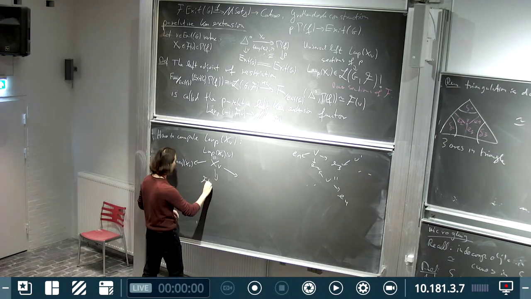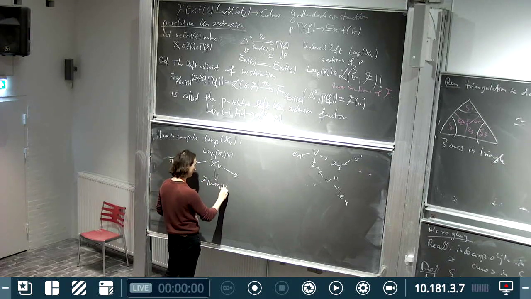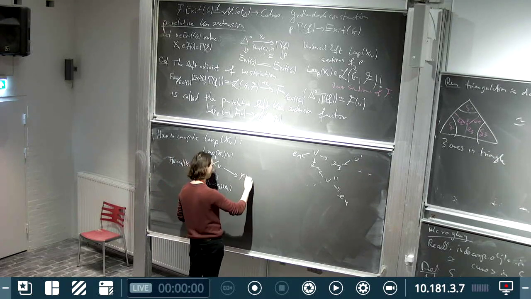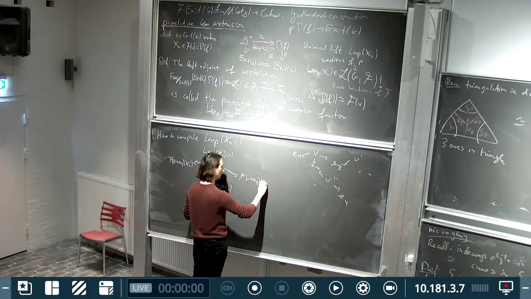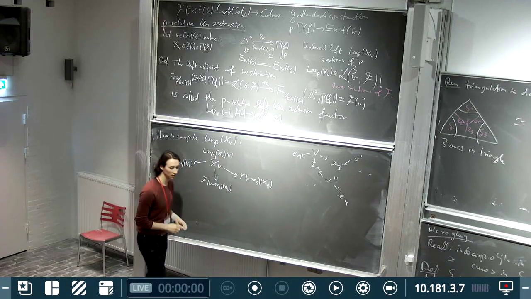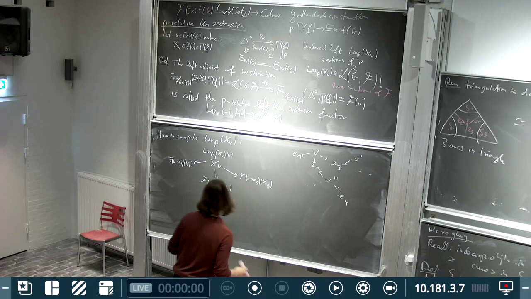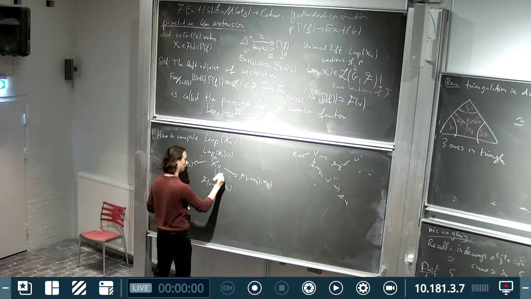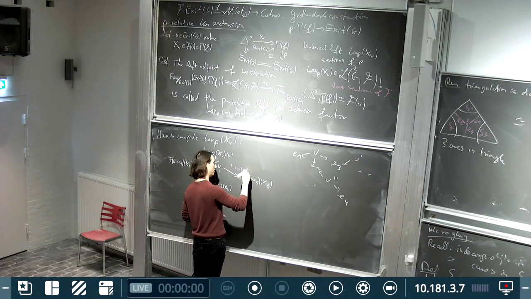This is F of V to E2 of x_V. And this is F of V to E3. And these morphisms, they are coCartesian.